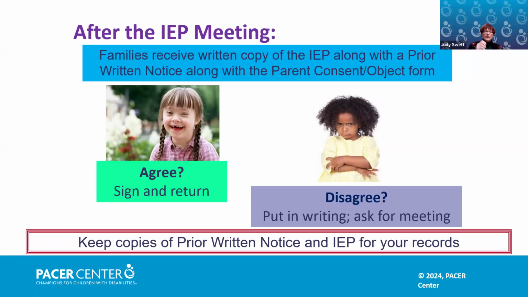If you disagree, there may be a couple of boxes that say I am requesting another IEP team meeting or I am requesting a conciliation conference. Sometimes, if there are a couple of different disagreements with the IEP, it might be helpful to have another IEP team meeting.